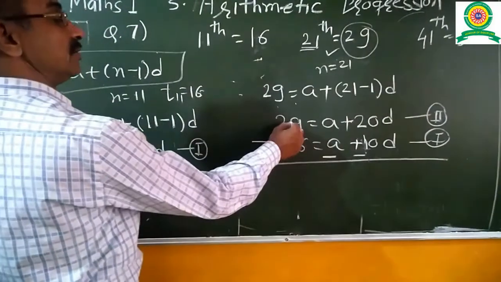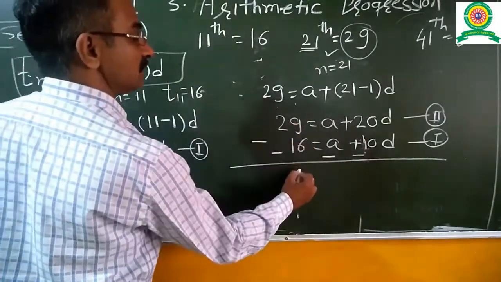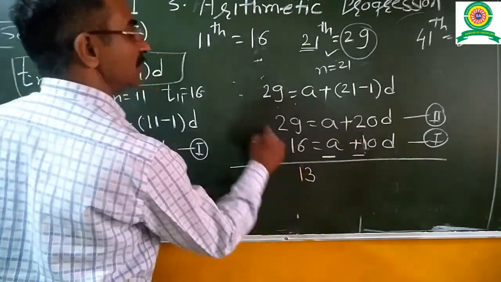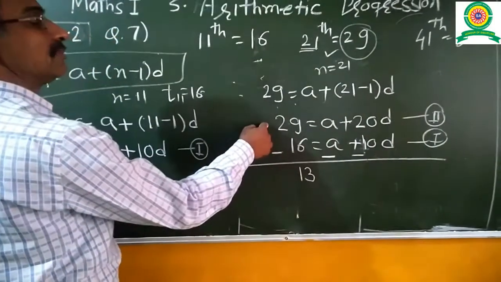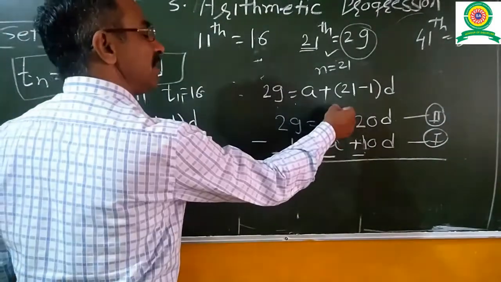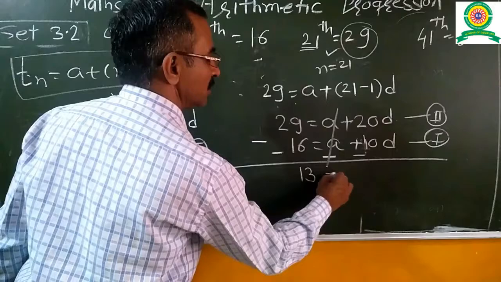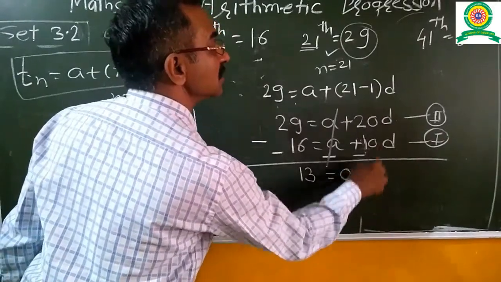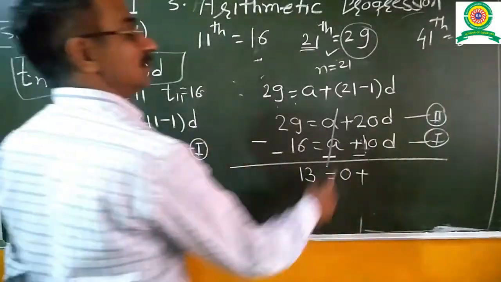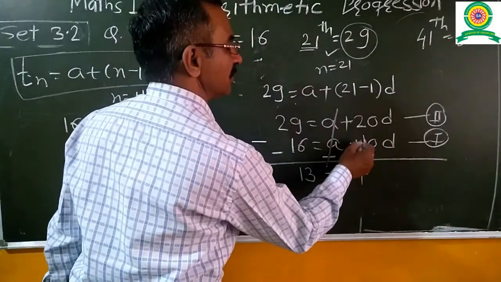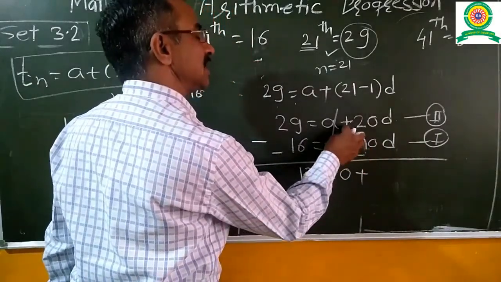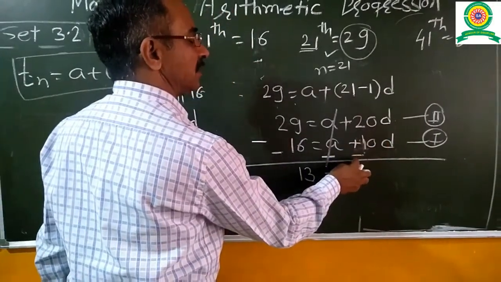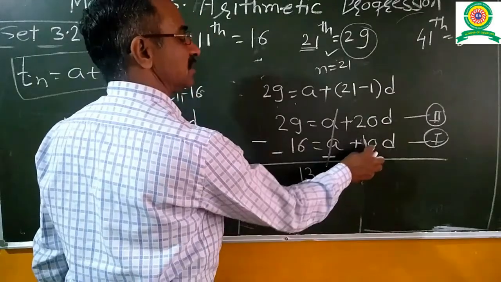Then 29 minus 16, 13. Bigger number having a positive sign. Minus A minus A, it will be 0, plus 20 minus 10. Because the first sign remains as it is, but we are changing the sign here, means minus 10.